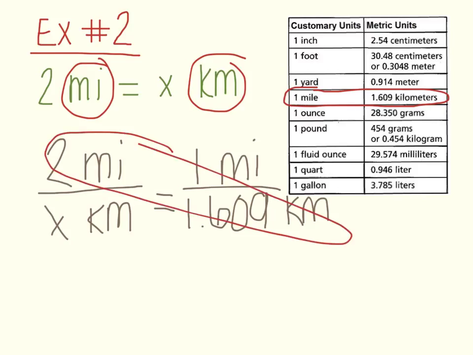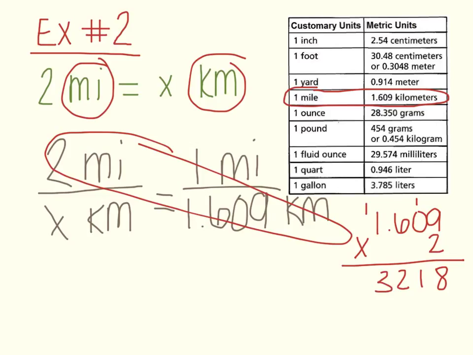2 times 1.609. Let's do that. 9 times 2 is 18. 0 times 2 is 0 plus the 1. 6 times 2 is 12. And 2 times 1 is 2 plus the 1. Then we count how many places we move the decimal in our number, which is 3.